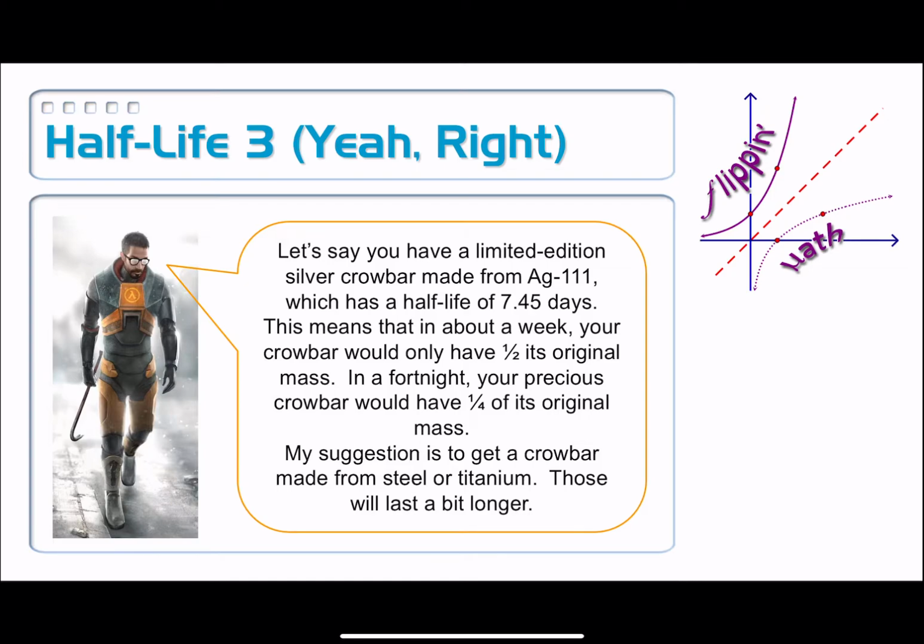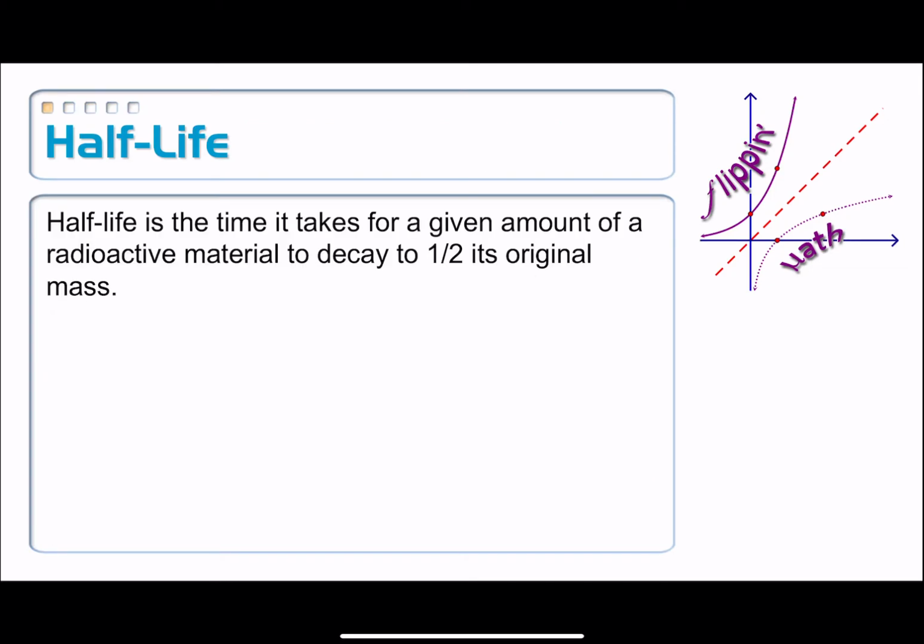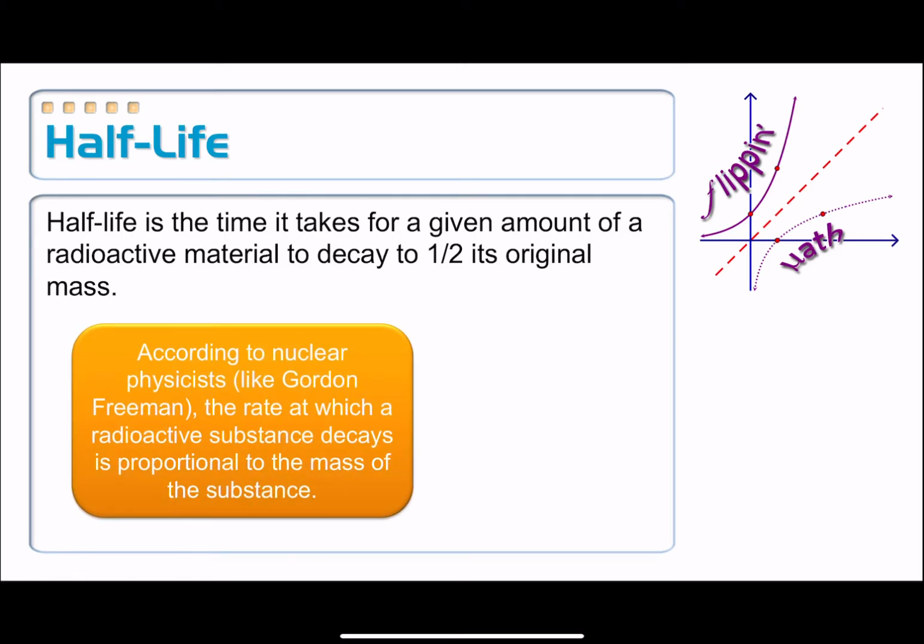Okay, so just a recap here. Half-life is the time it takes for a given amount of radioactive material to decay to half the amount that we started with. So according to physicists like Gordan Freeman there, it is not an unreasonable assumption that the rate at which radioactive substances decay is directly proportional to the amount, the mass in your object.